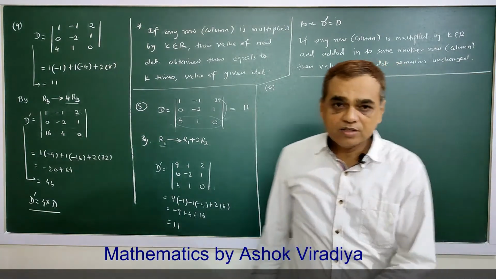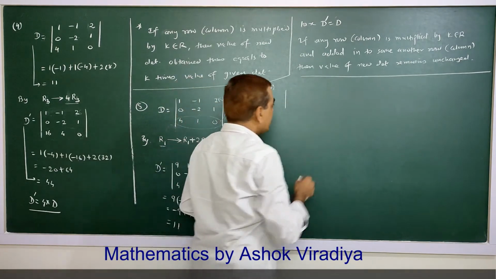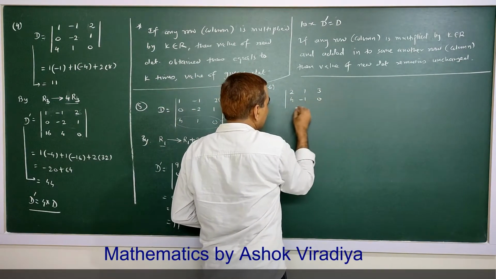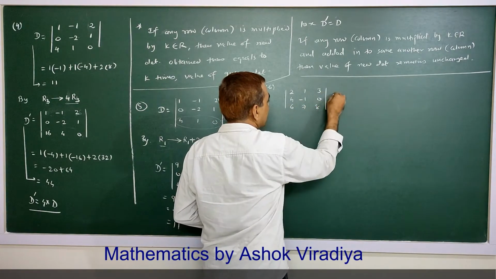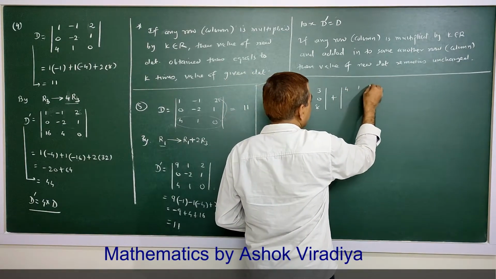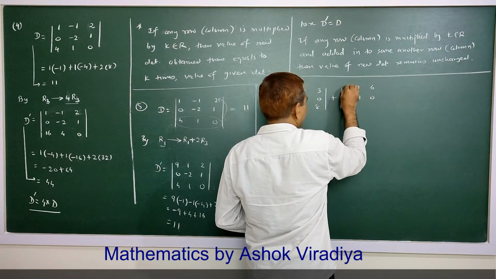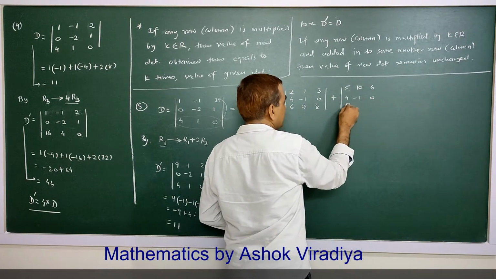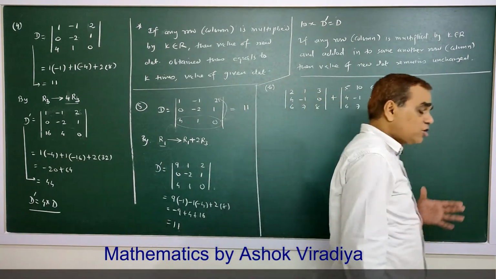Suppose here I take the determinant 2, 1, 3; 4, minus 1, 0; 6, 7, 8, plus, suppose here, 5, 10, 6; 4, minus 1, 0; 6, 7, 8. We want to add these two determinants.